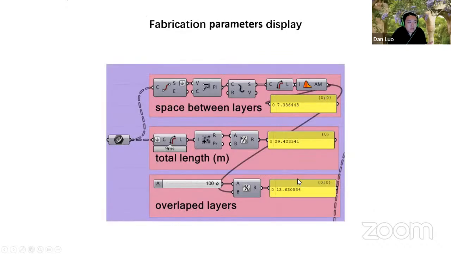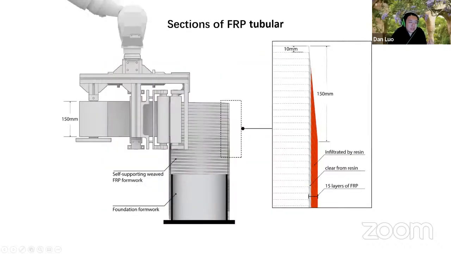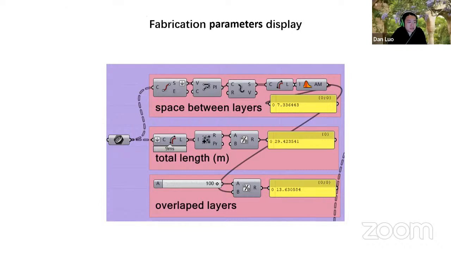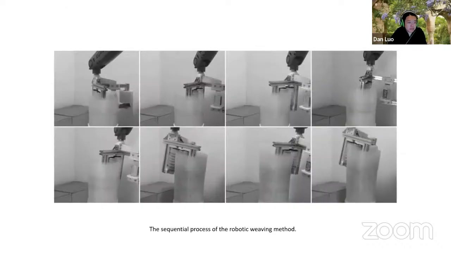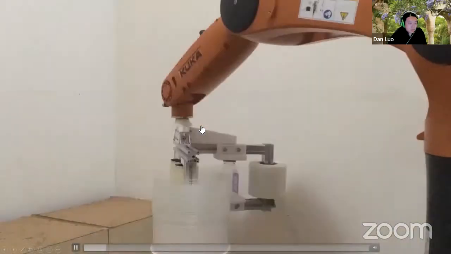Another element is that we have to maintain a dry layer on the inner surface so the roller can move without pulling and deforming the existing geometry.